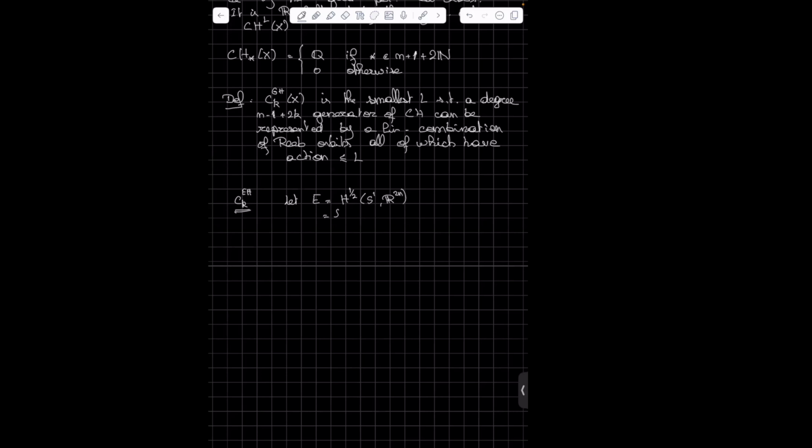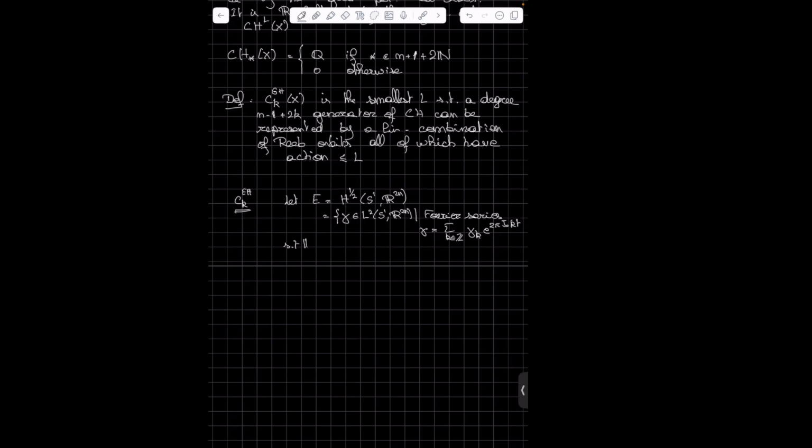This is the set of L2 maps from S^1 to R^{2n} that have a Fourier series gamma of the form the sum over all integers k of gamma_k e^{2 pi k t}, such that the H^{1/2} norm is finite.